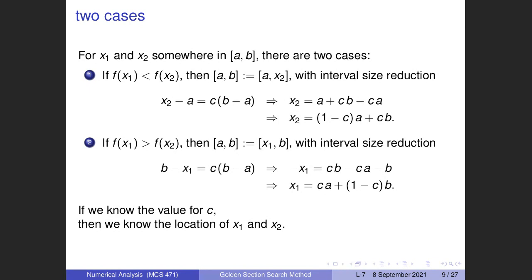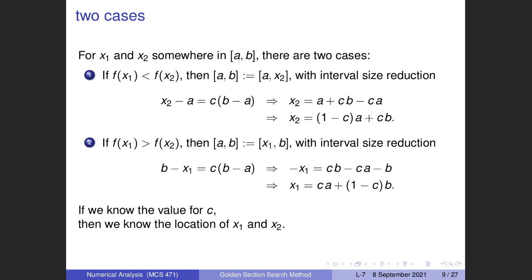Let's see what happens. If we have these 2 points, x1 and x2, we compare 2 function values. The constraint that we have a constant reduction factor will lead to the definition of these points x1, x2. So let's examine the 2 cases.